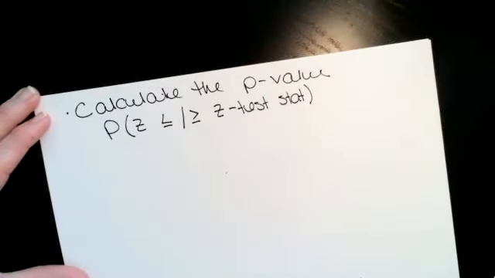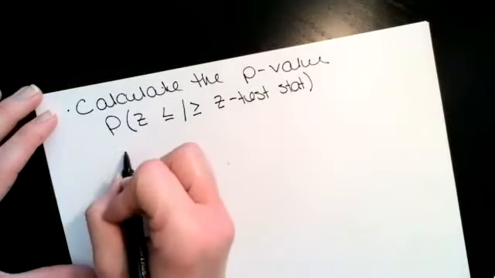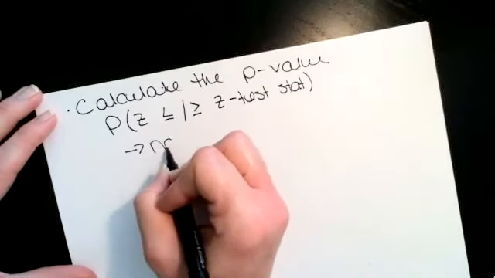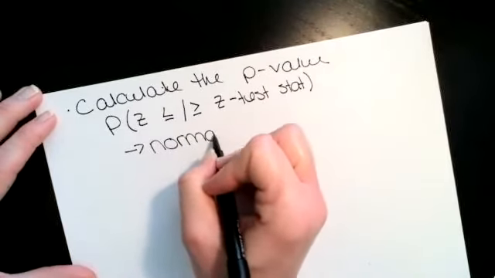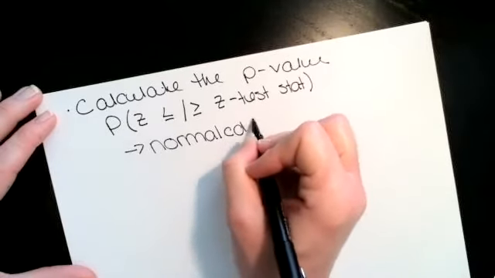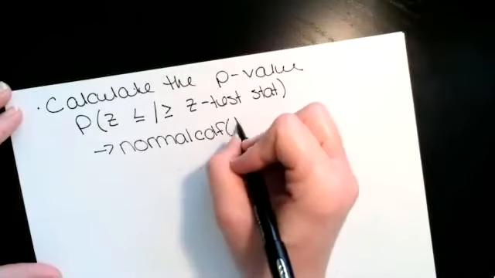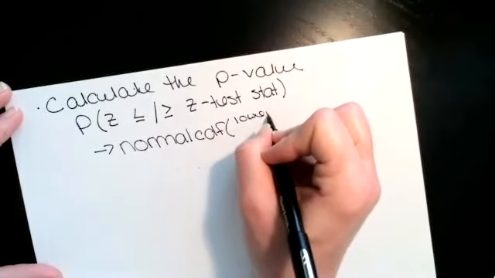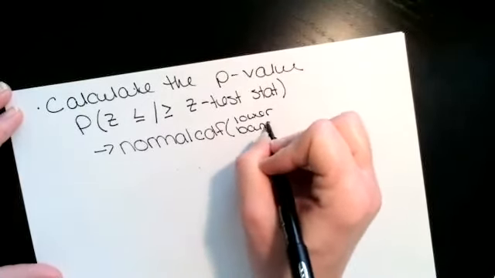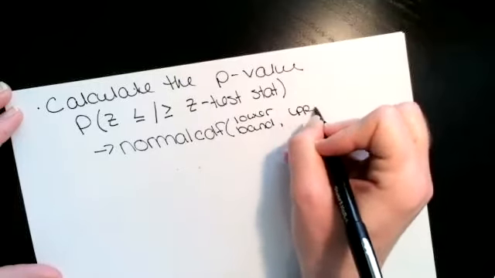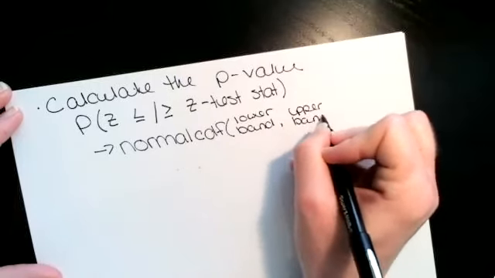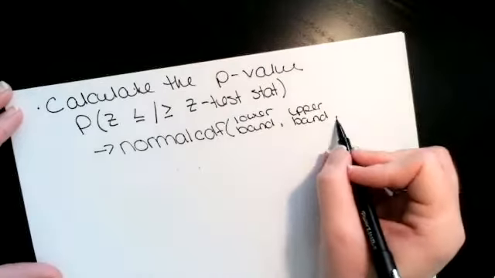Okay, so that's what I'm going to do. So here I'm going to use what we've used before, normal CDF. And when I'm looking at normal CDF, I'm going to enter in that lower bound, upper bound, and then my center and my spread.